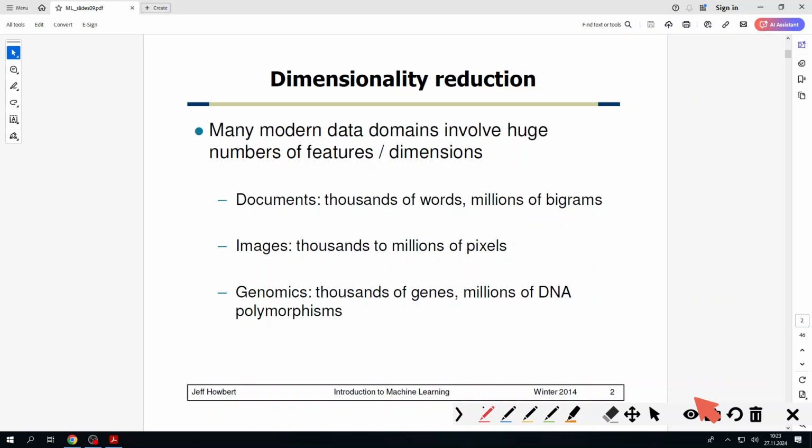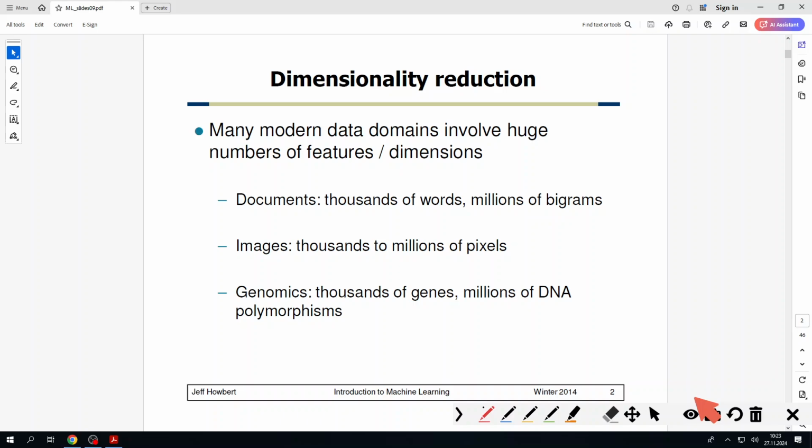Now you can see some more examples of this highly dimensional data, like documents, the same as ChatGPT, which operates with words and maybe even entire sentences. Each word can be considered a feature of your data set, a dimension with which to work. The same goes for images.